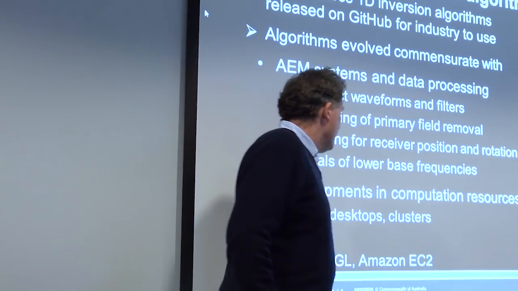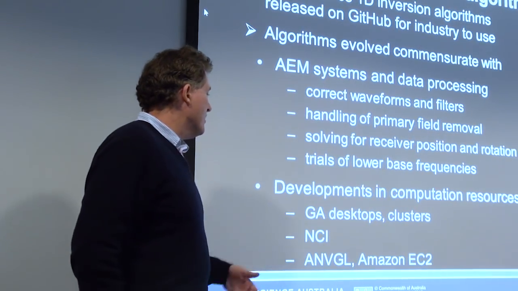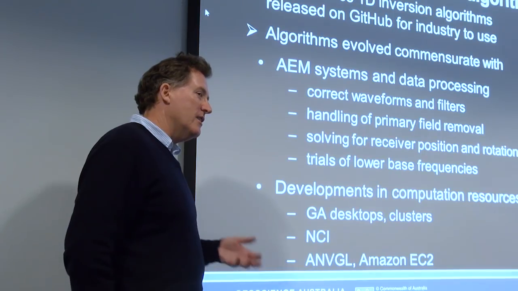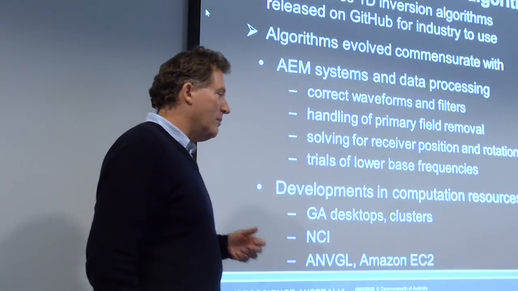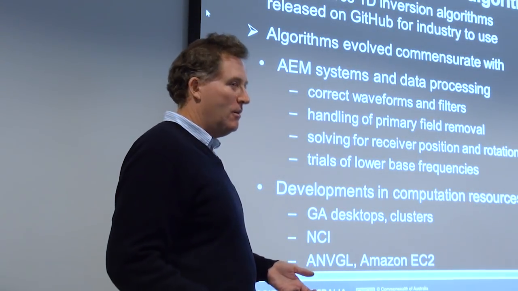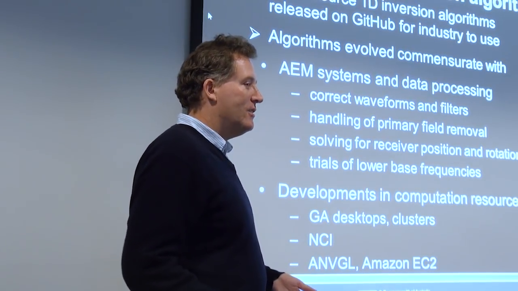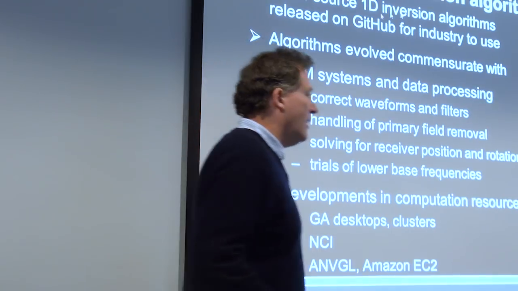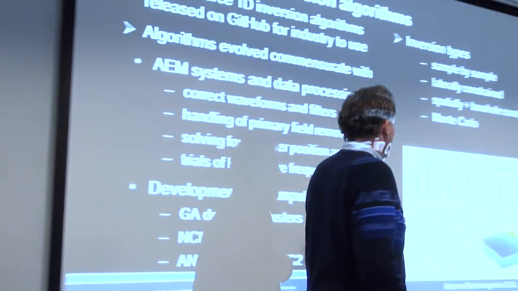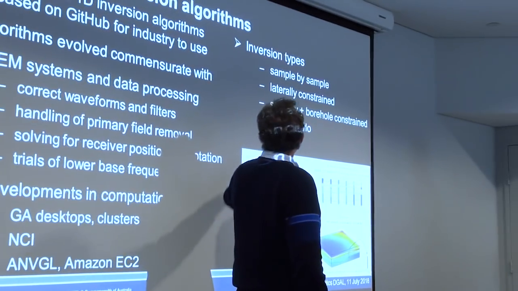And more recently, I've ported the code over to Amazon EC2. My intention is to make virtual machines available for industry because they don't want to muck around with compilers or large computational systems.